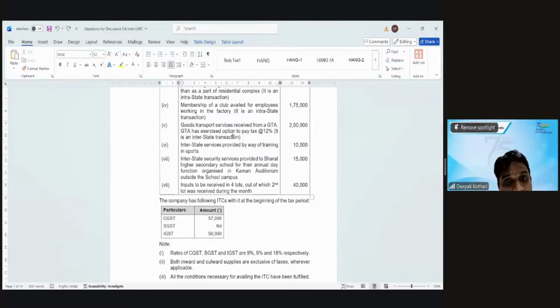Fifth one, FCM, no. He has received goods transport services from a GTA, and the GTA has exercised the option to pay tax. So there is no question of FCM. So can you claim the credit?